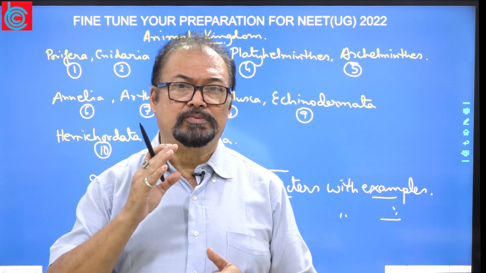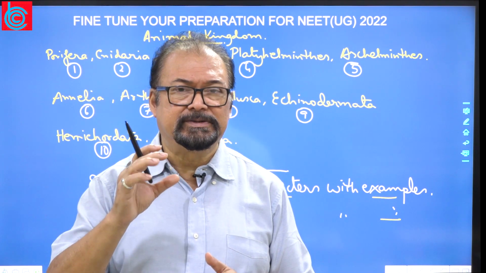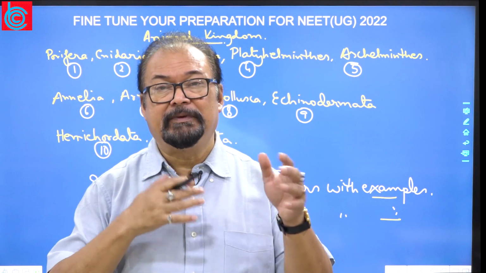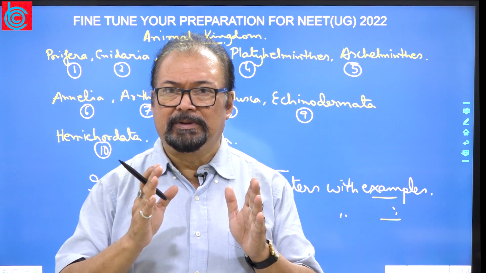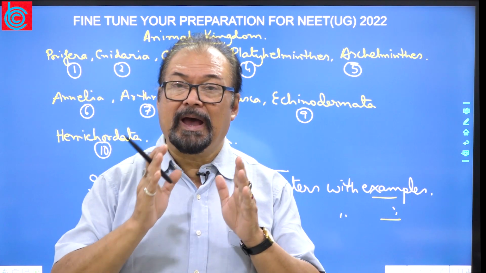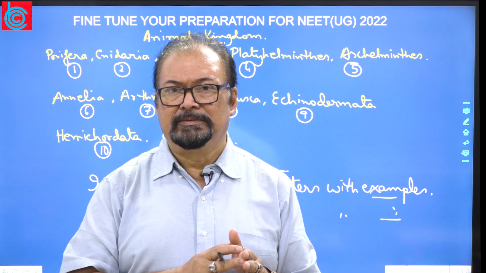So don't study excess examples from other books. That may be confusing because it's a very big chapter with many points, so we have to be very specific for NEET.